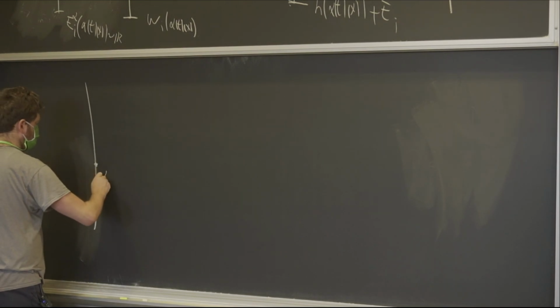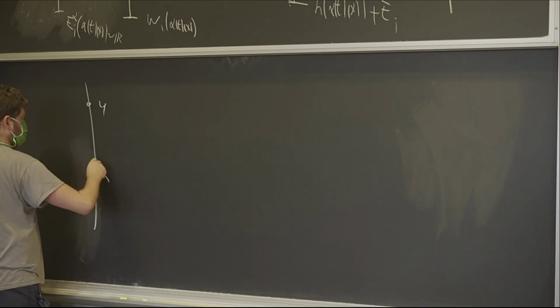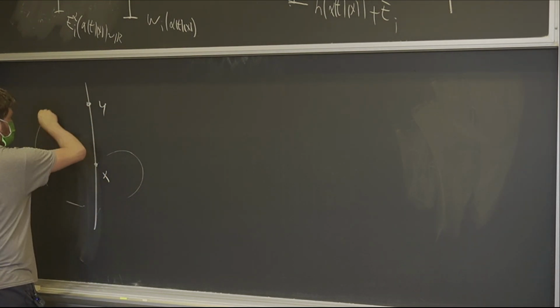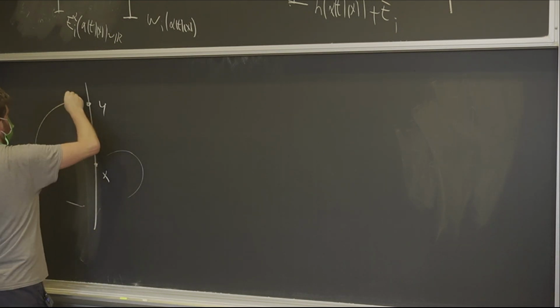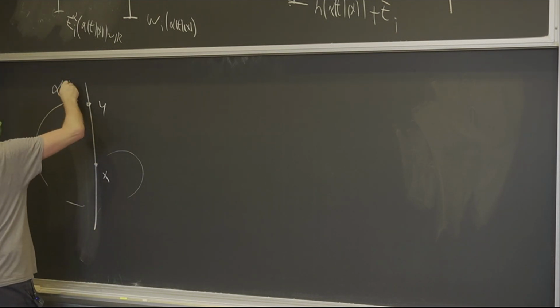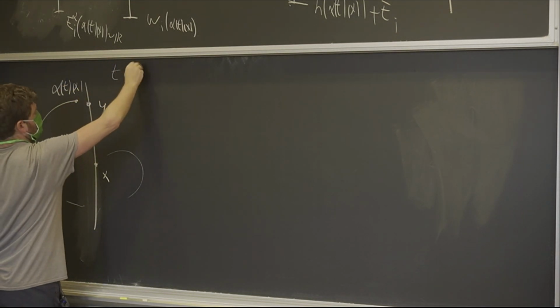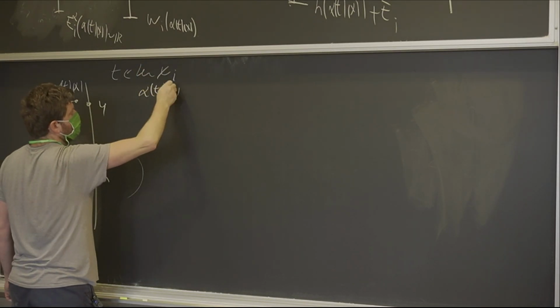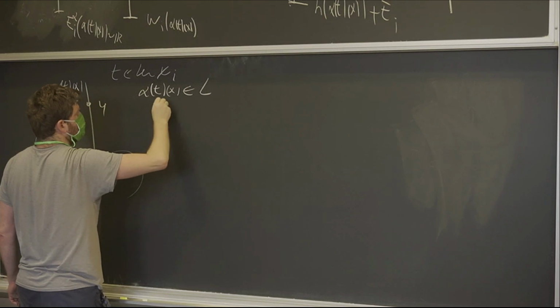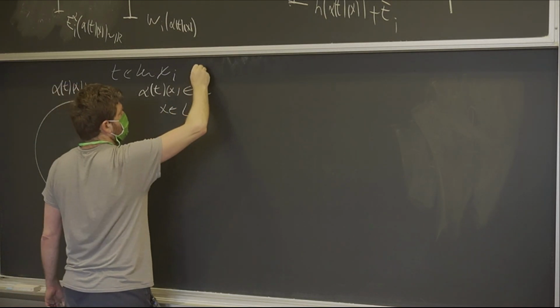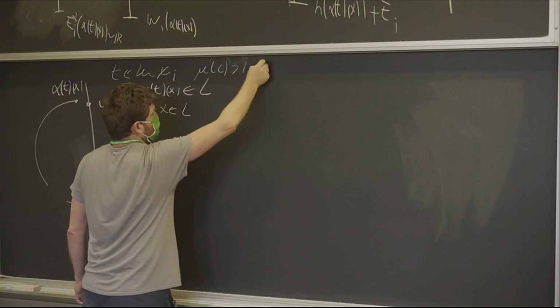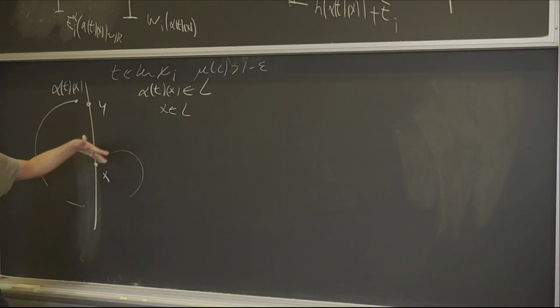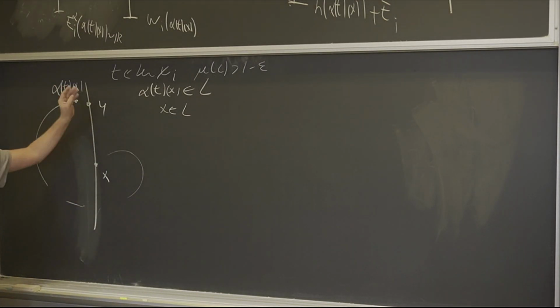I have x here, I have y here, and I have this recurrence business in the kernel of chi I, and in such a way that alpha t of x belongs to some Lusin set, x belongs to some Lusin set, this mu of L is very large and is a sequence of guys doing this job, and you have some convergence and the measure to the measure and so on.